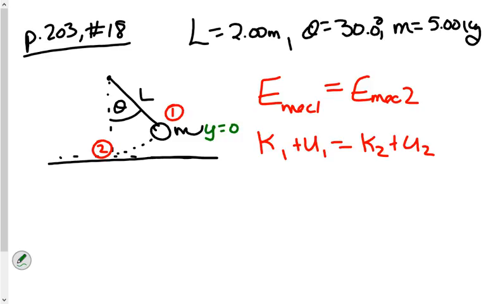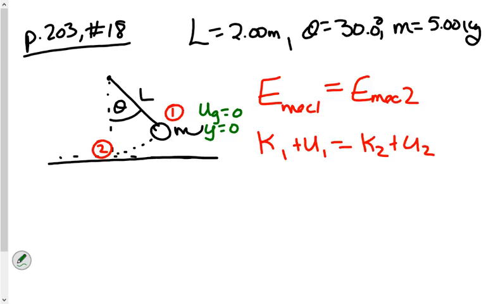I'll let y be equal to 0 there. Okay. If y is equal to 0 there, then the gravitational potential energy is also equal to 0 there. Okay. You with me? Okay.